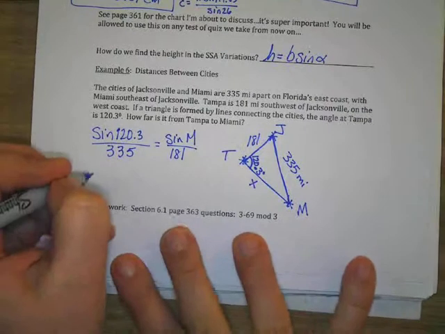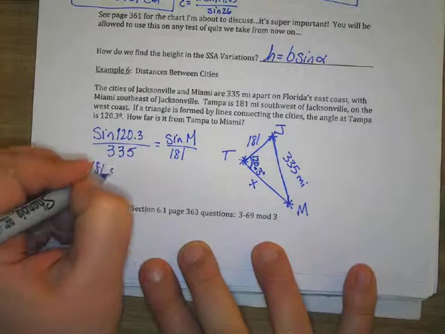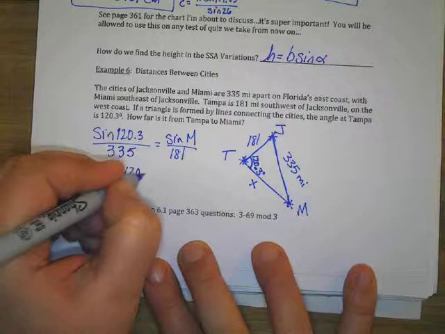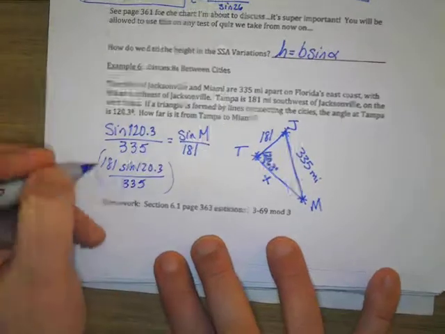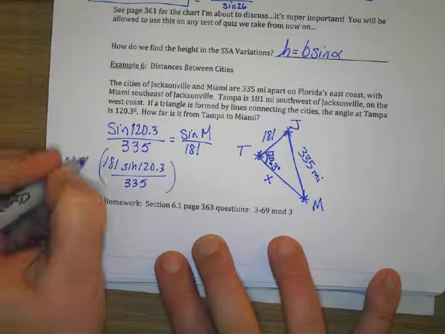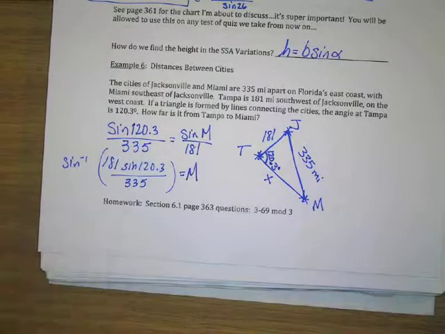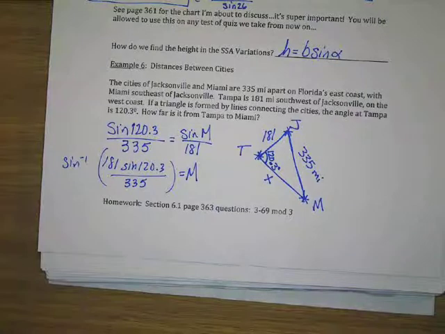So multiply by 181 and take the inverse sine of it. And that's our angle there. What do you guys get for M?